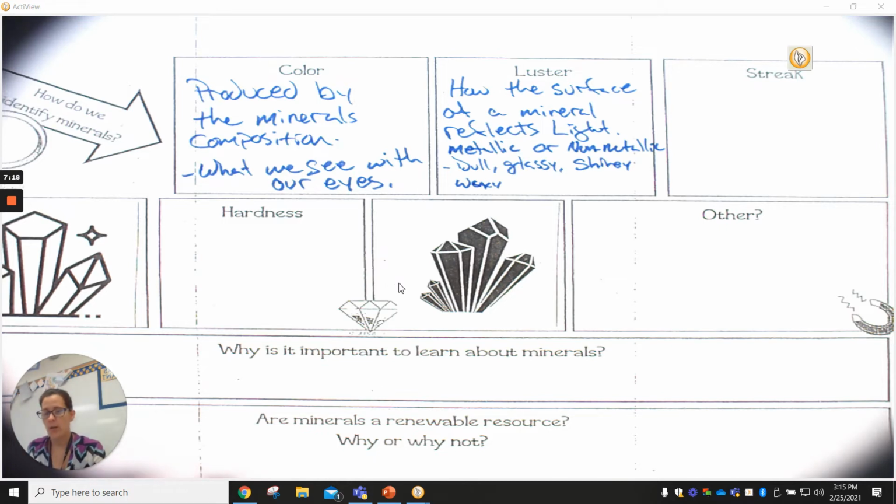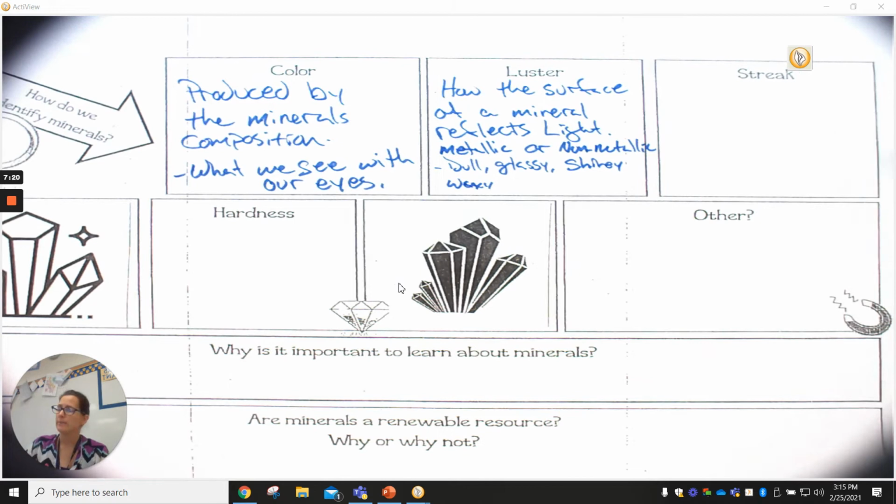The next one we're going to talk about is streak. And what streak is, is the color of a mineral in powder form. Well, how on earth could we figure out the color of a mineral in powder form? Well, we're about to find out.